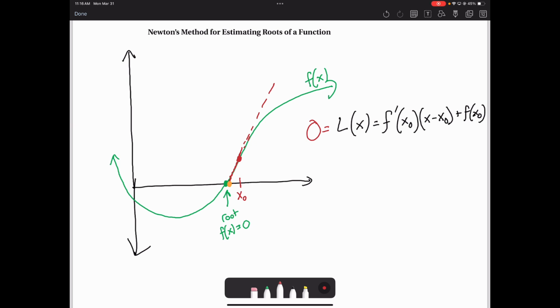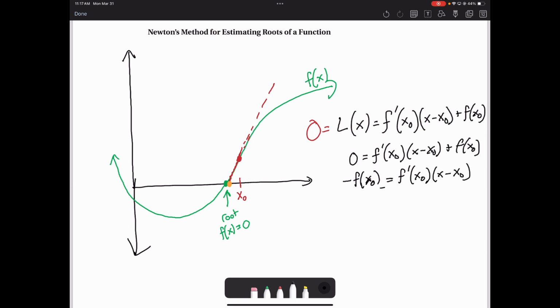So like Romeo said, I want to look for where this approximation hits 0, where its y value equals 0. If I solve this, I can actually solve this mathematically. Let's let this linear approximation equal 0. I'll subtract f of x sub 0 over to the other side. If I'm solving for x, I want to know what x value this is.